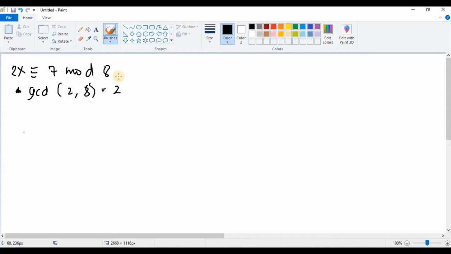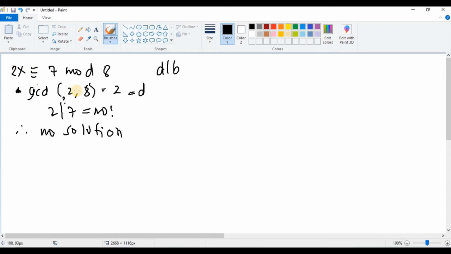So, in here, the GCD is 2. And then, we need to check that your D should divide B. Your GCD is your D. So, let's verify your D, 2. Does it divide 7? Yes or no? The answer is no. Therefore, this has no solution.